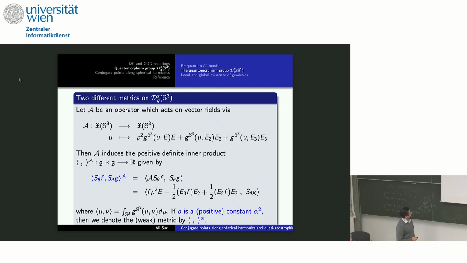As it's given here, basically we consider this rho squared. This bracket means just integrate on S3 with respect to the volume form on S3, which was given by those orthogonal fields. If rho squared is a positive constant alpha squared, then we denote this metric by power alpha. So we have two different metrics, power A and power alpha.